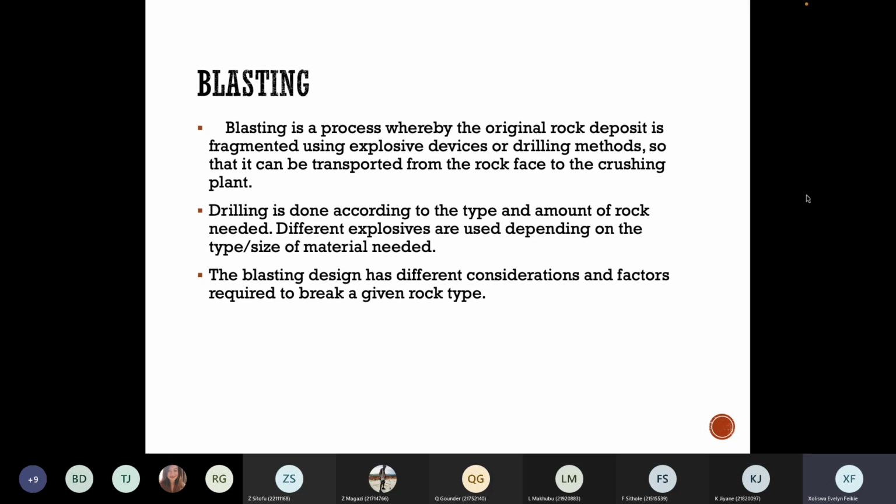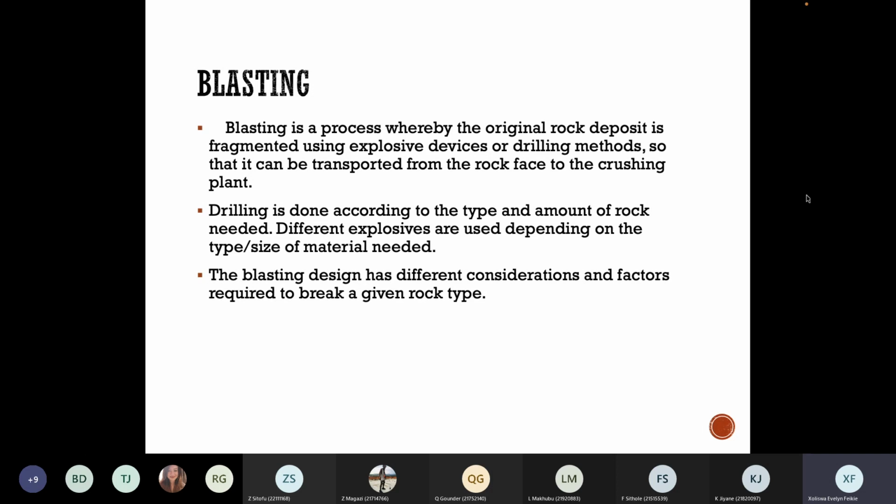The engineers are not responsible for that. They outsource people who are qualified to do it. These people will get there and be told, this is the type of rock that we are going to get from the site. We are looking for the initial size to be this big or that small.